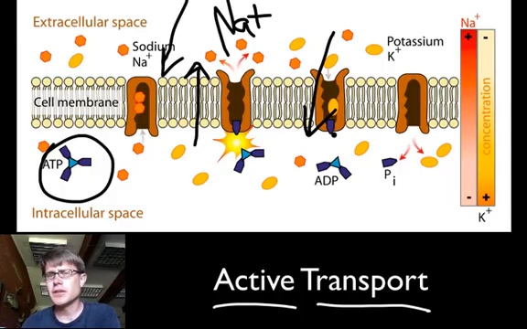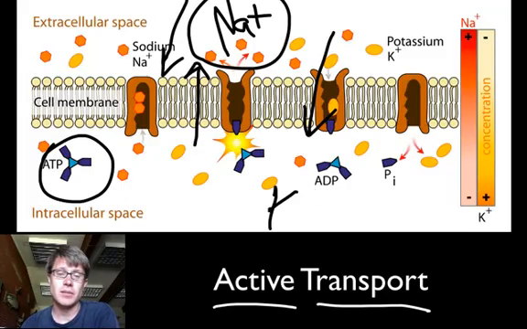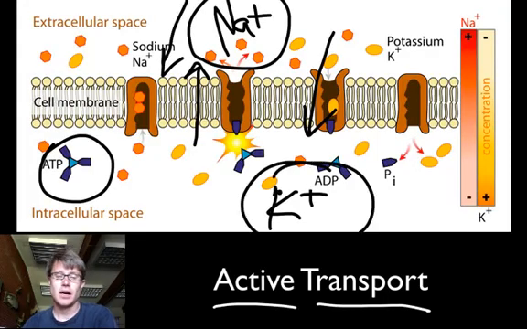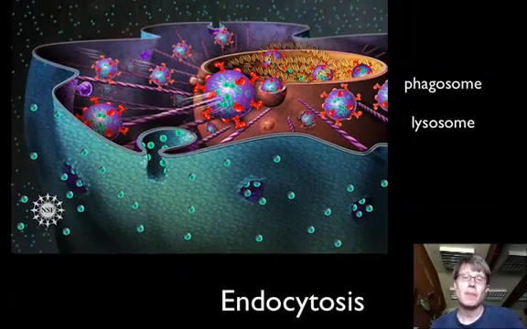All the nerves inside our body use a sodium-potassium pump, and lots of cells inside our body use it to keep the correct balance of sodium on the outside and potassium on the inside. That's called active transport, and it requires 1 ATP to move every 3 sodium ions out and every 2 potassium ions to the inside.